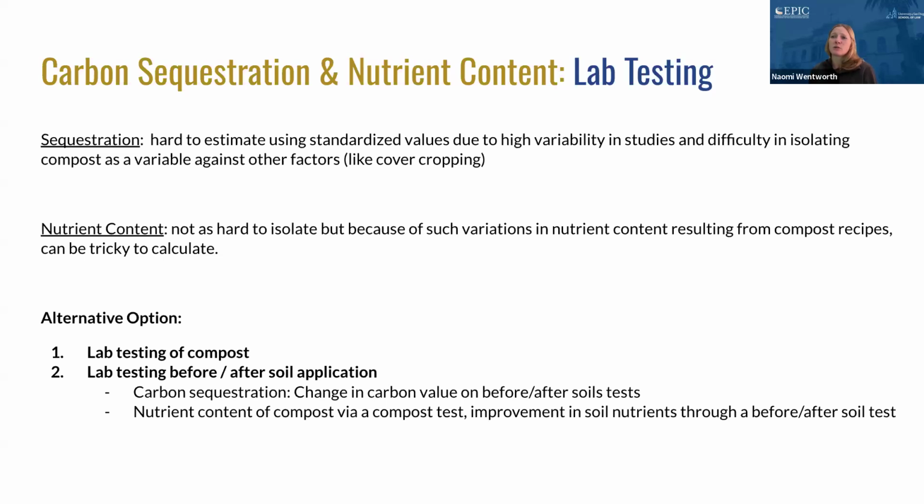Nutrient content is also pretty hard to isolate just because you can have such a varied nutrient content based on the recipe that you're using for your compost. So there aren't any factors that you can apply from EPA or California Air Resources Board or anything like that because there's just such a wide variance.